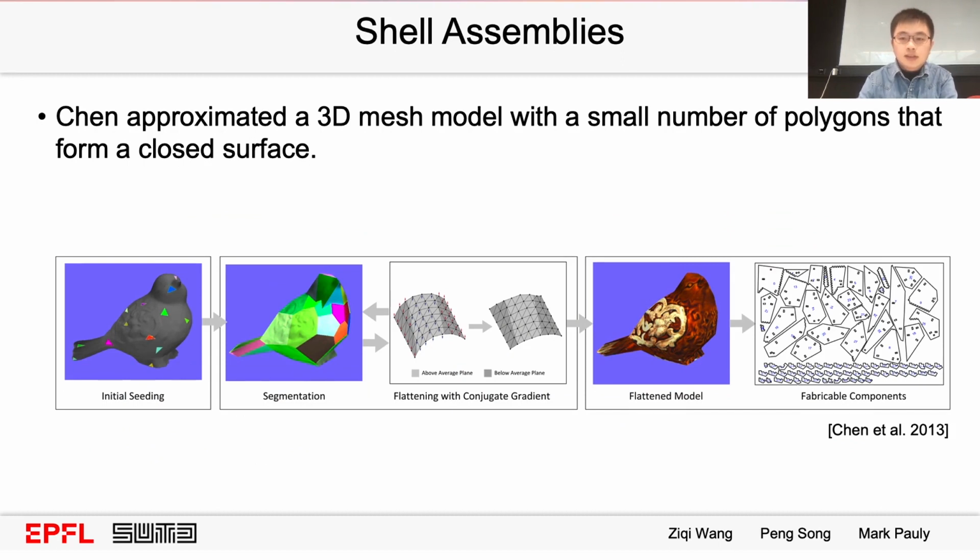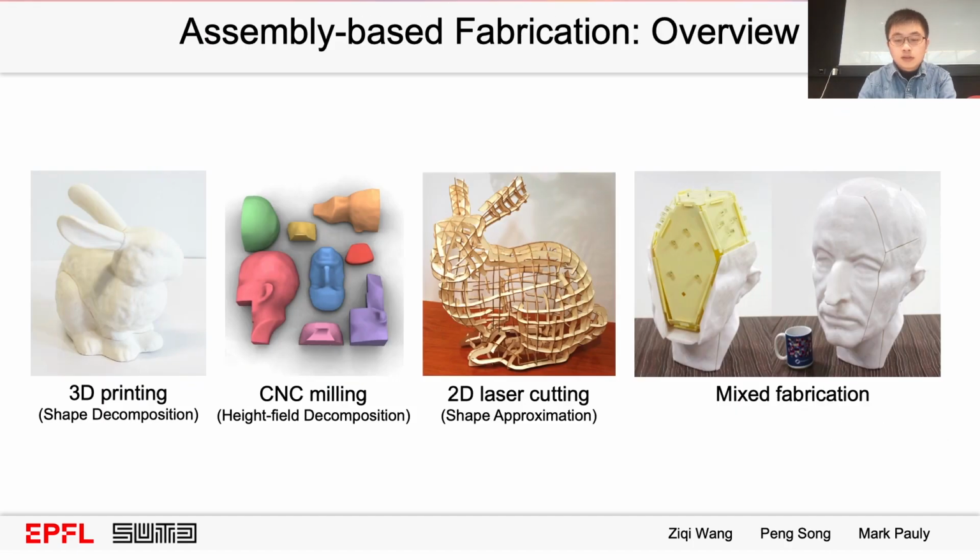Chen and their colleagues approximate a 3D mesh model with a small number of polygons that form a closed surface, by iteratively clustering mesh faces, estimating planes for each cluster, and slowly deforming the faces towards each plane. Once the polygons are obtained, they are thickened to form planar parts.